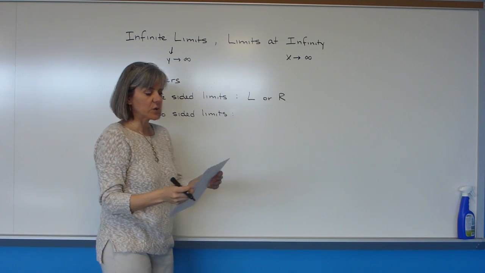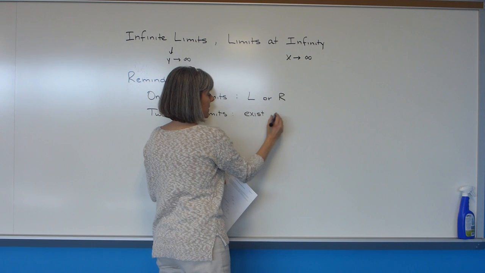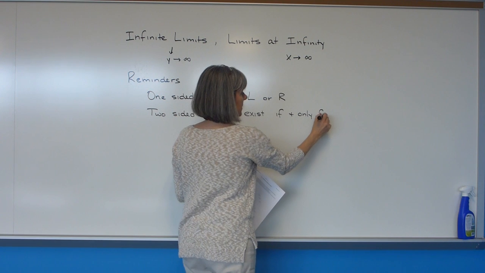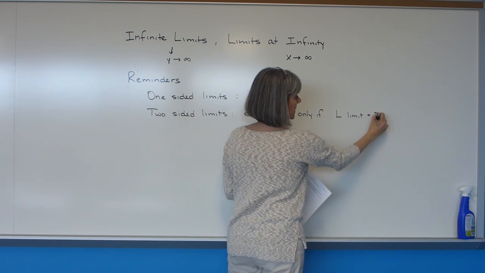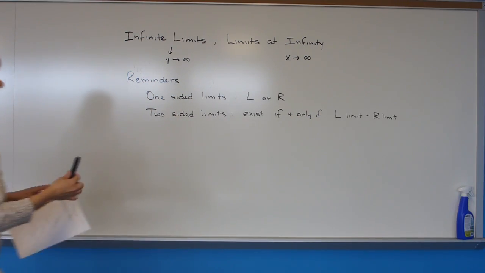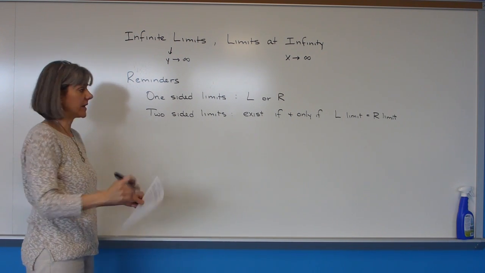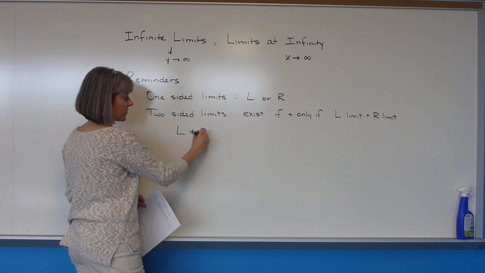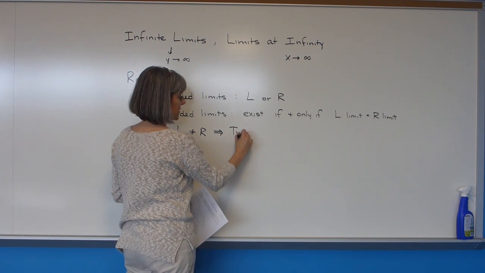The important thing for two-sided limits is that they exist, they have an answer, if and only if the left-sided limit equals the right-sided limit. So importantly, if the left does not equal the right, then we're going to say that the two-sided limit does not exist.